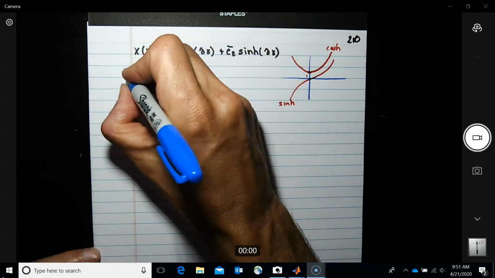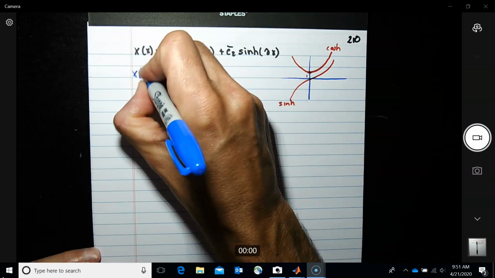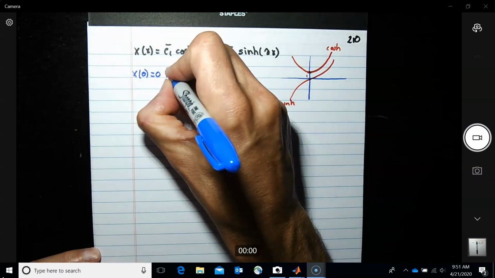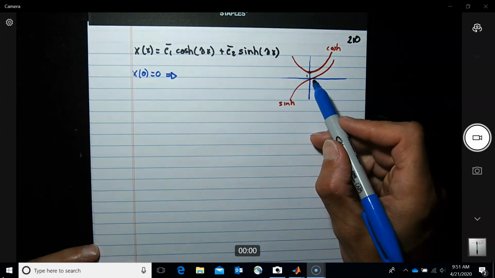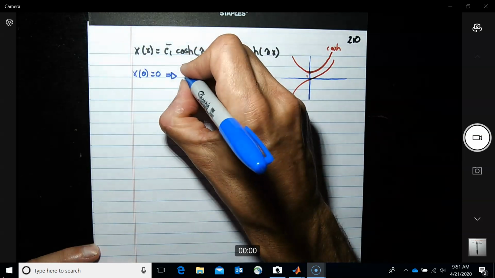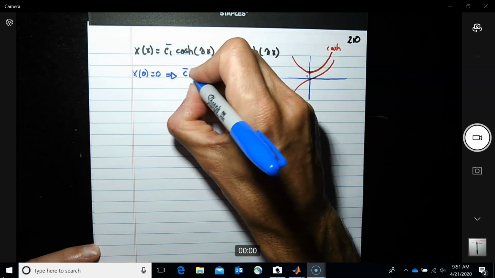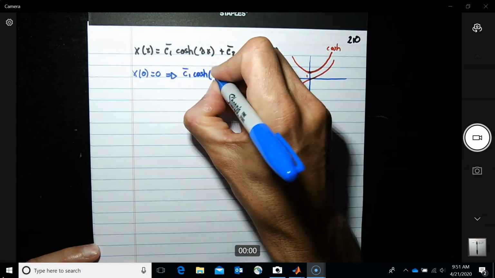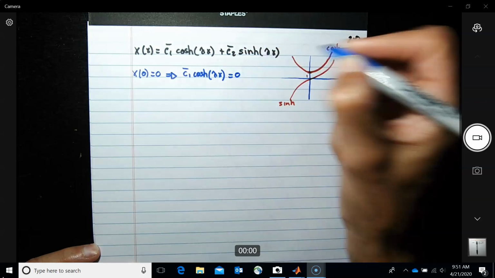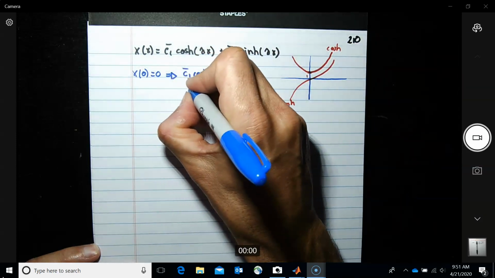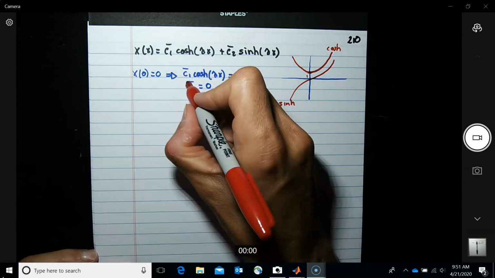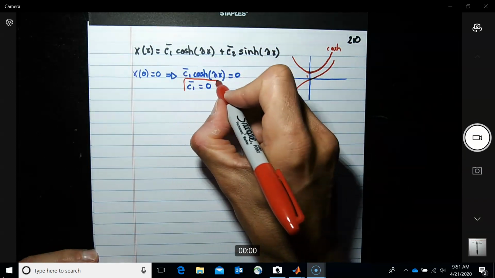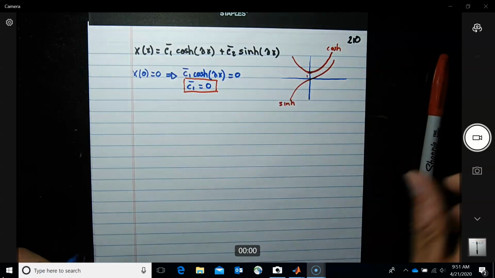If we need to have X of 0 equal to 0, what would that mean? At 0 we know the sinh will be equal to 0, so we'll have C bar 1 cos of lambda x must be equal to 0, which is only possible if C1 bar is equal to 0.